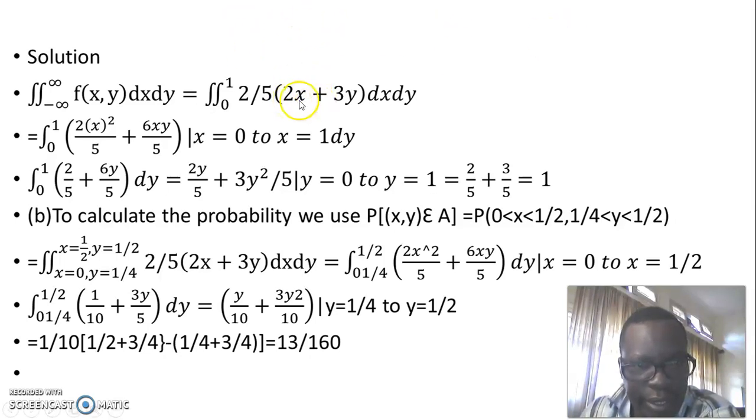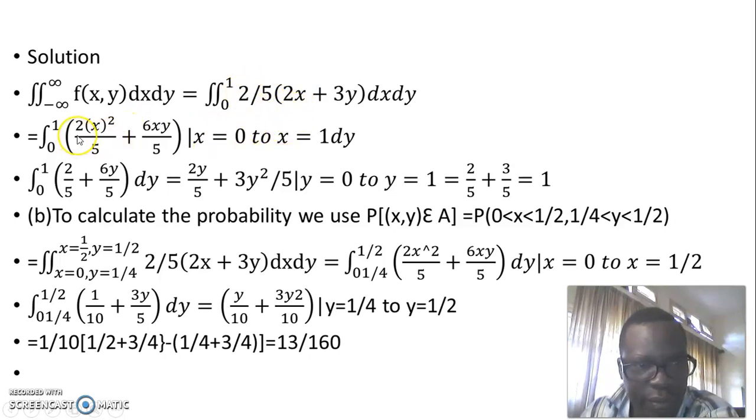So integrating this one with respect to x, we add the power and then we divide by the new power. So if we add x to power 1 plus 1, we shall get x squared. Then if we divide by 2, this 2 will cancel.